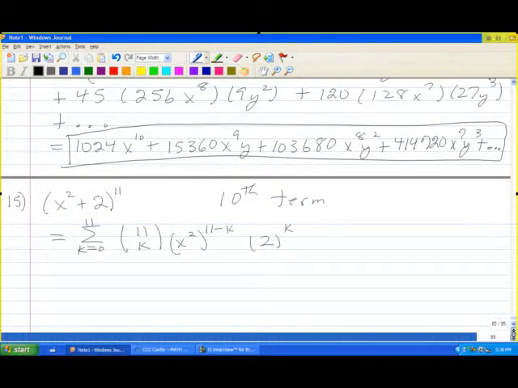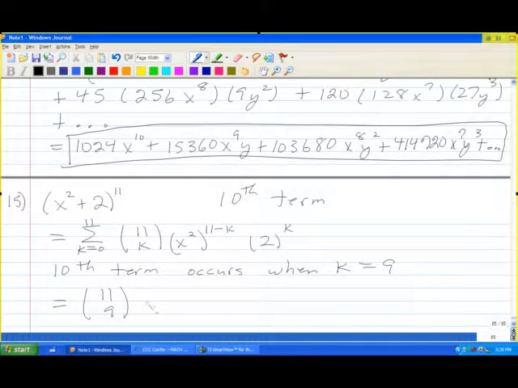And so the 10th term occurs when k is 9. So if I look at this formula and I just plug in 9, it's going to equal 11C9 x squared to the power 11 minus 9, which is 2, 2 to the power 9.